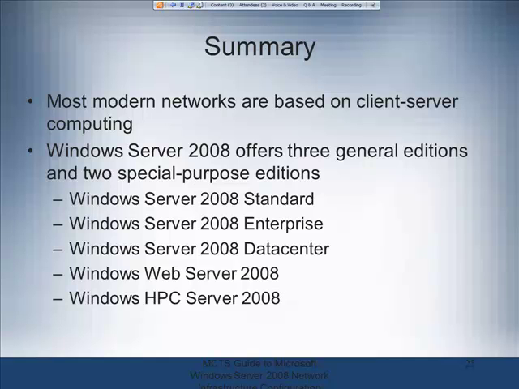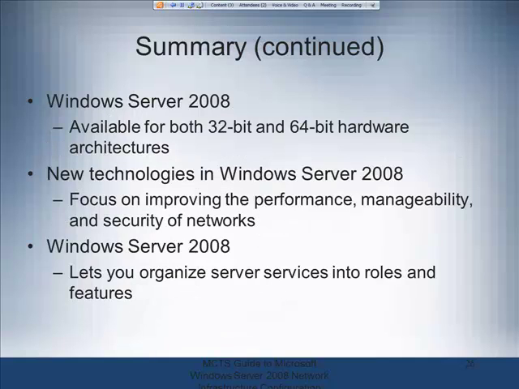So the summary, we've done the editions. You've looked at the editions before, what's available in them. So 32-bit, 64-bit hardware architectures, and I think if you have 64-bit hardware, that's what you should run. Gives you a whole lot more ability to manage, to have the resources.